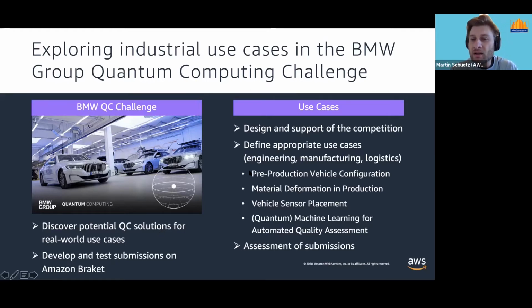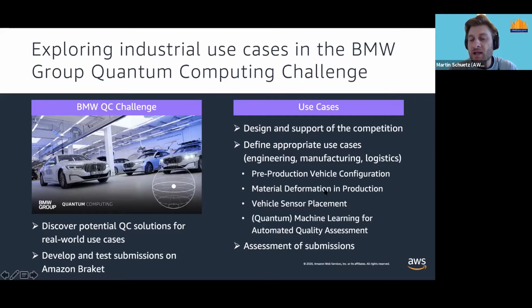There are 4 use cases that participants can work on. 2 of them are optimization use cases: how to minimize the number of pre-production vehicles you need before you run and complete all tests needed before a certain new car goes into production, and how to optimally place sensors around the vehicle.